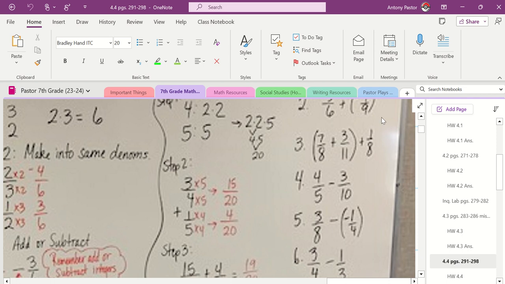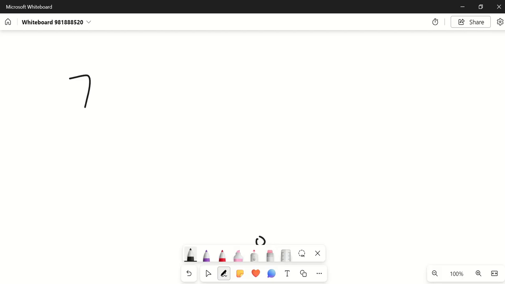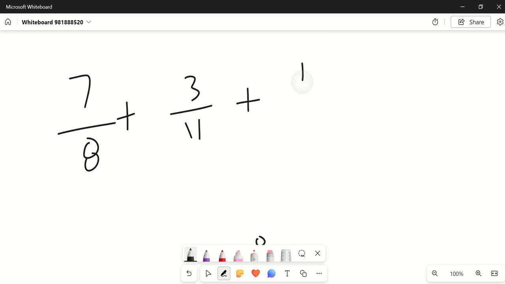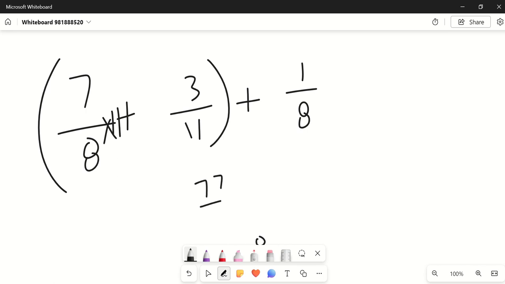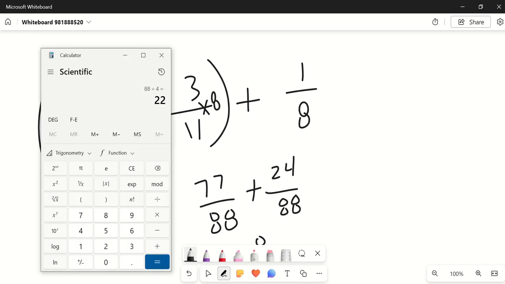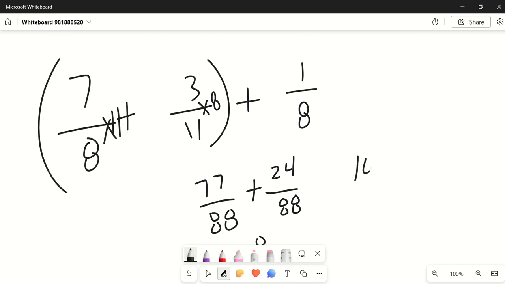I will try again. Okay, let's try one last time for this long answer. 7/8 plus 3/11 plus 1/8. If I did this like this, I'd have to multiply both by 11, which would be 77 over 88, both by 8, which would be 24 over 88. 24 plus 77 equals 101 over 88.